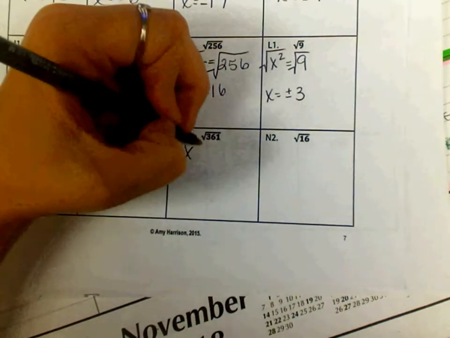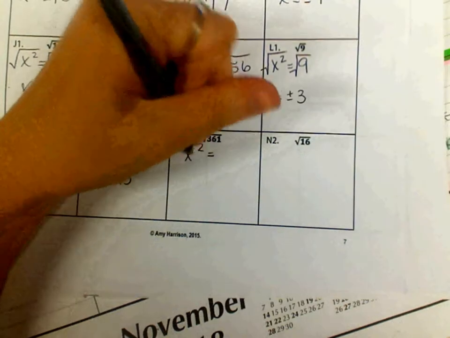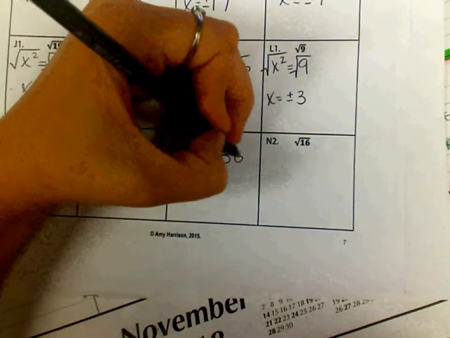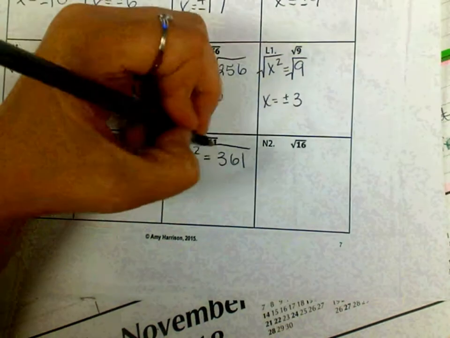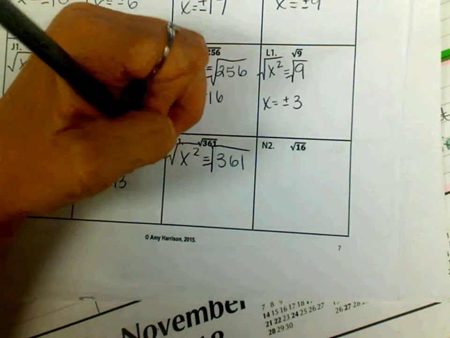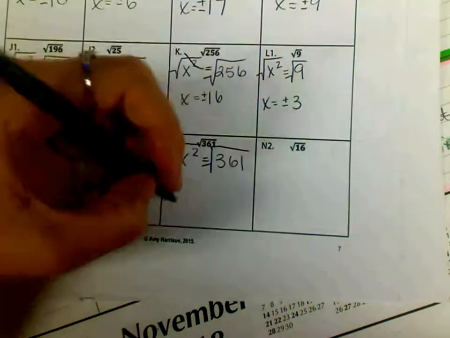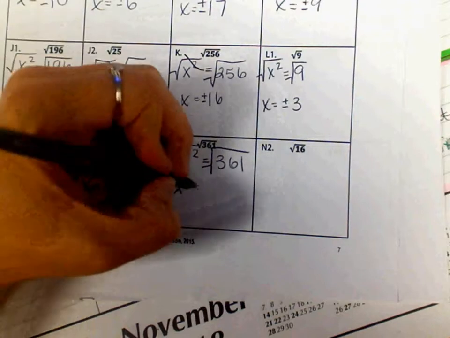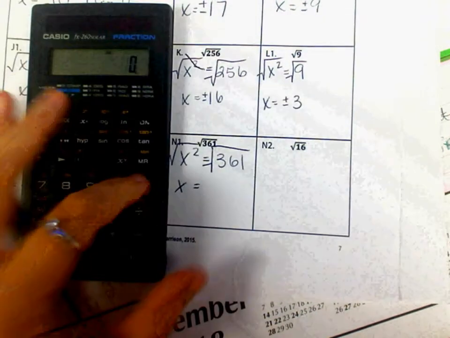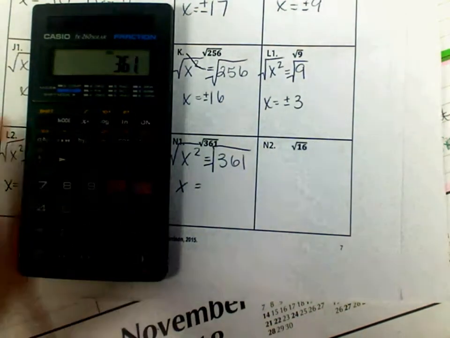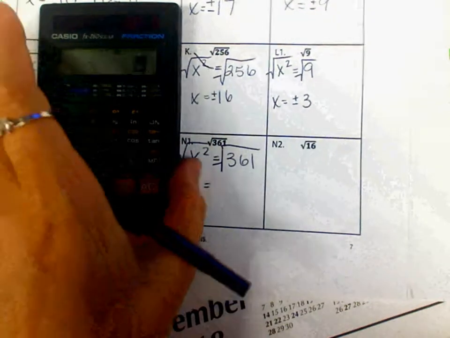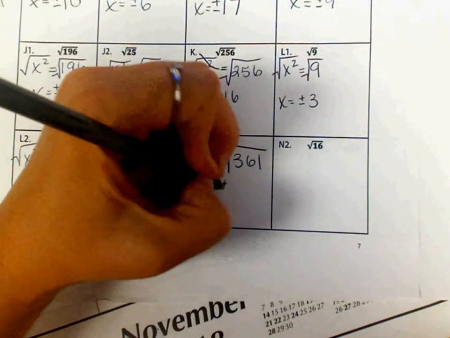Again, we want to find the number that when you square it will give us 361. So to find that, we have to take the square root. The square root of x squared is x, and the square root of 361 is 19, positive or negative.